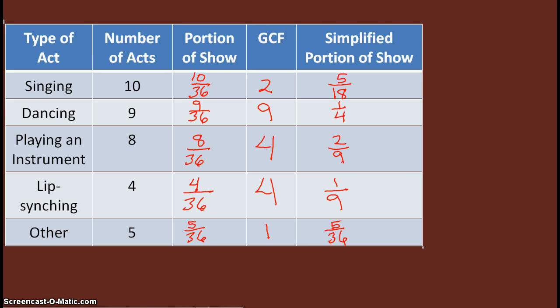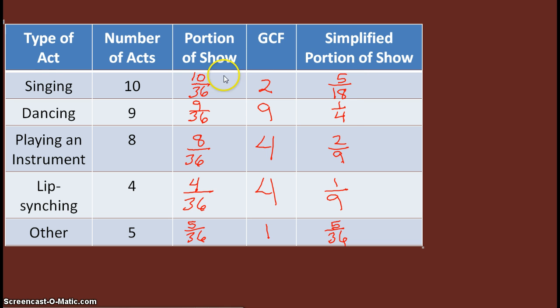Now, that's all I have to say about lesson 3.5. I hope that it helped clarify a few things, for instance, such as determining the portion of a fractional amount of a whole, finding the greatest common factor and how that assists in simplifying fractions, and the benefit of equivalent fractions, or in this case, fractions that all have the same denominator.